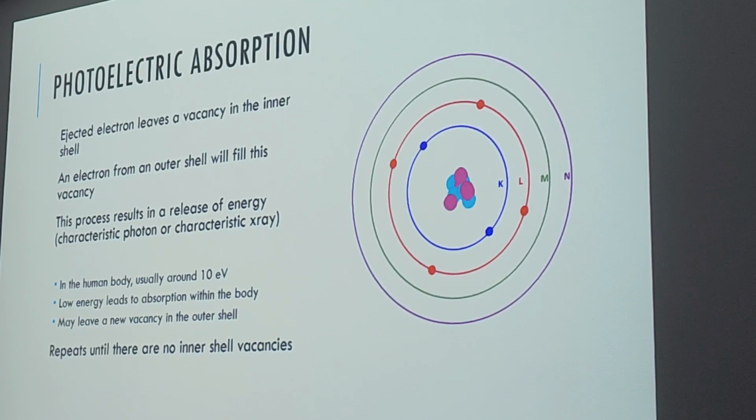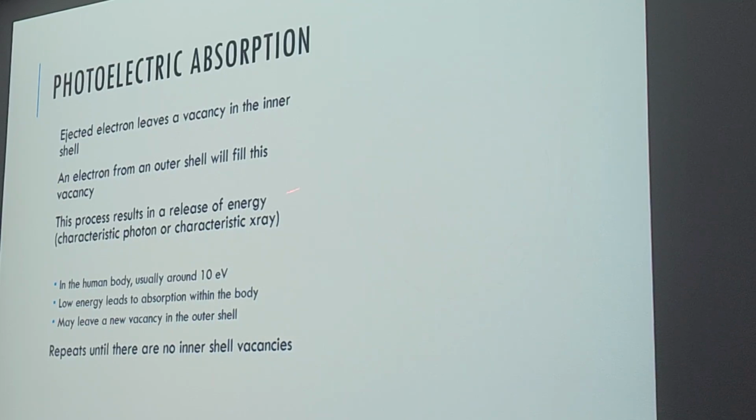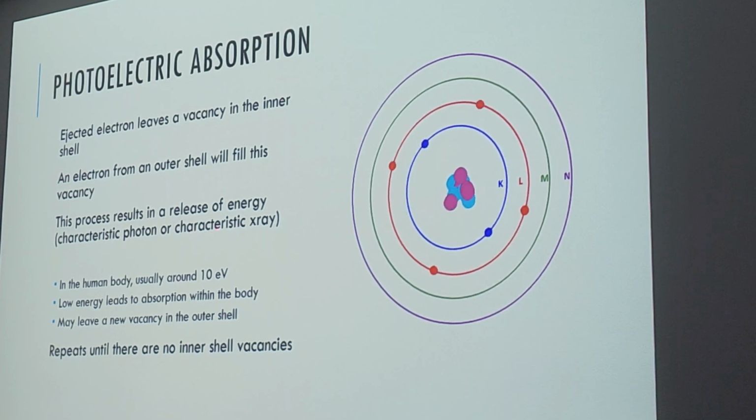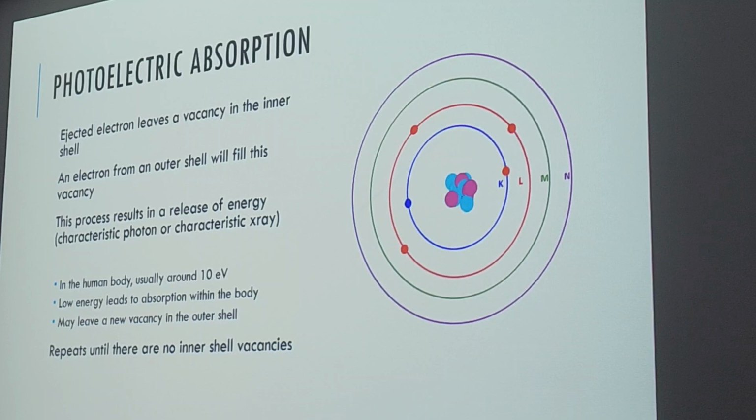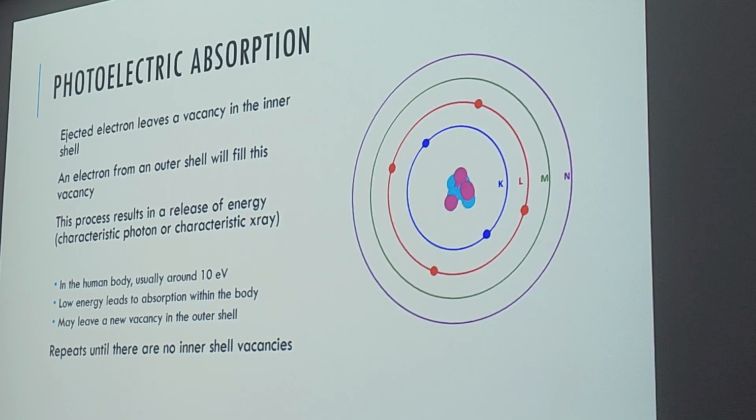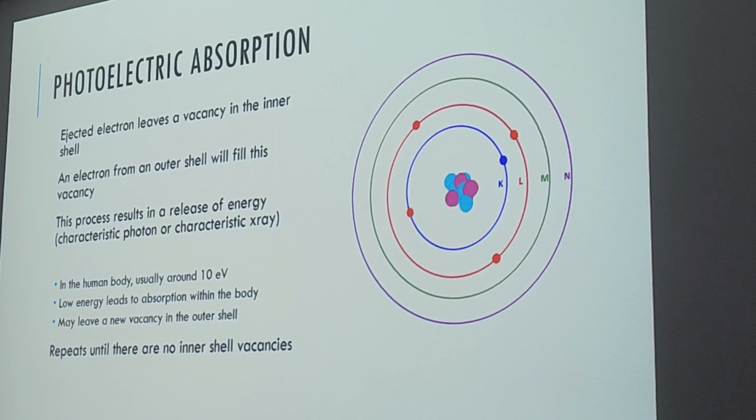Once the electron jumps in to fill the position, it releases energy that we call characteristic photons or characteristic X-ray. It creates a characteristic photon, but it's at a smaller energy level, so it's usually absorbed.